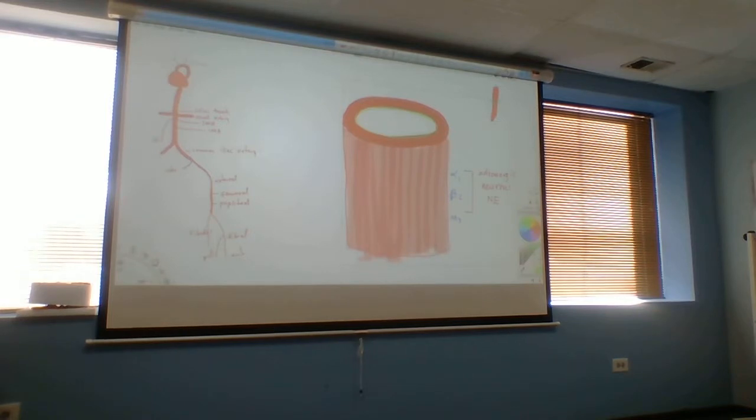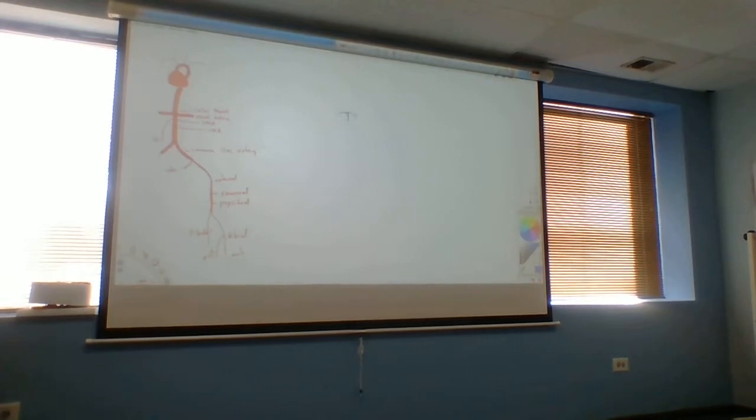Okay, next thing. One aspect of this physiology is that you should know receptors found on blood vessels. Do you remember when you talk about resistance? What is TPR? Total peripheral resistance.